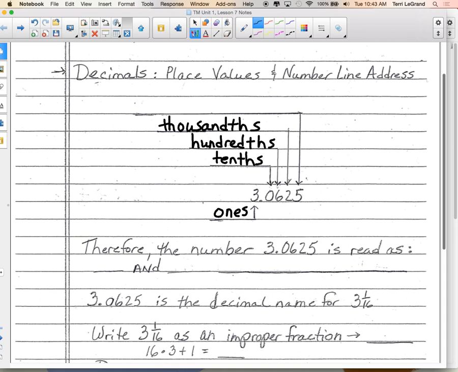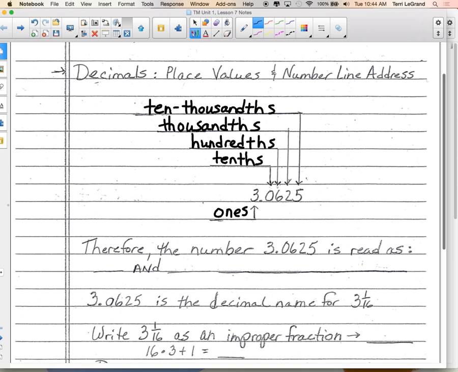Okay. What else do we have? Well, we have a 5. What place is the 5 in? Yeah, the 10 thousandths. So 10 dash thousandths. So we have 5 10,000ths going on in there.